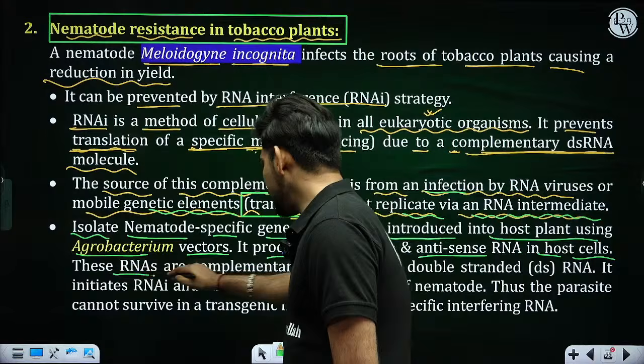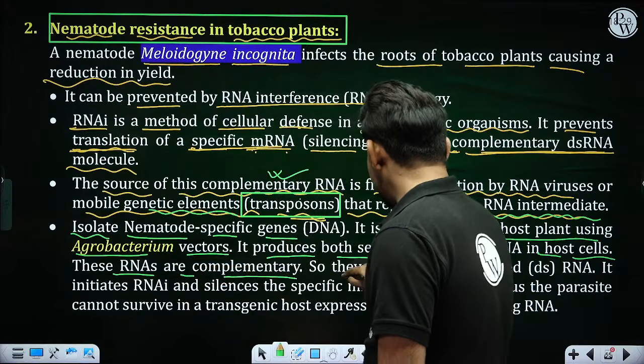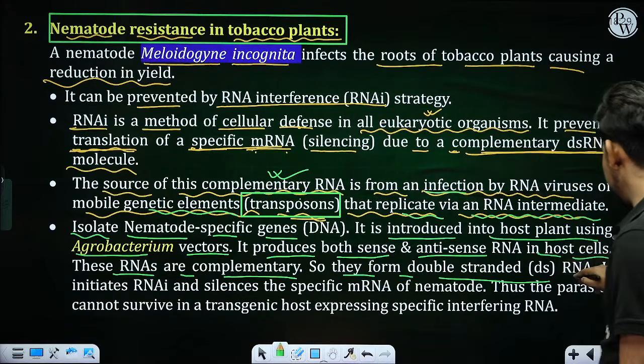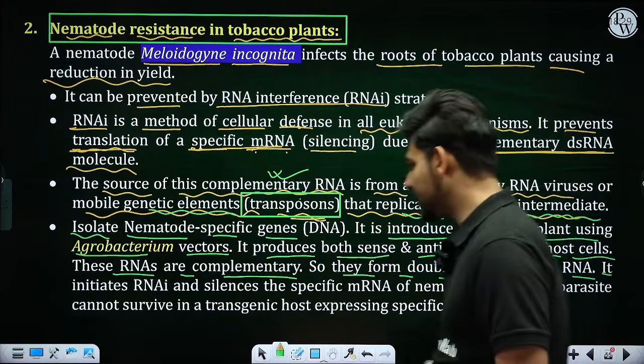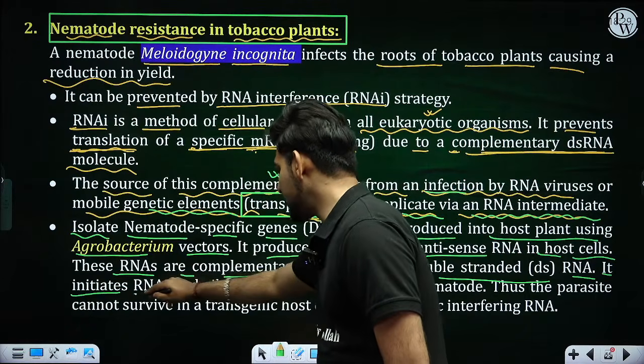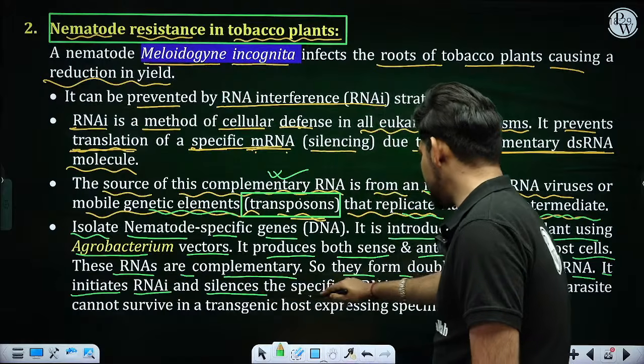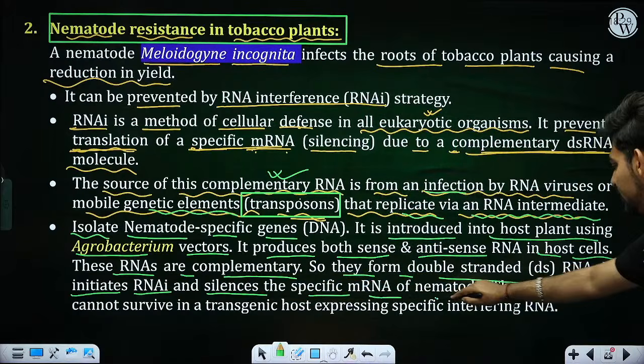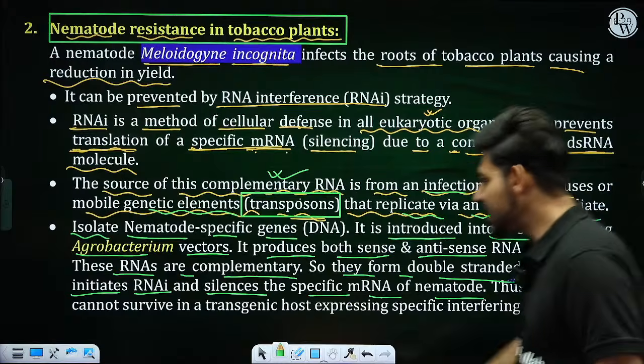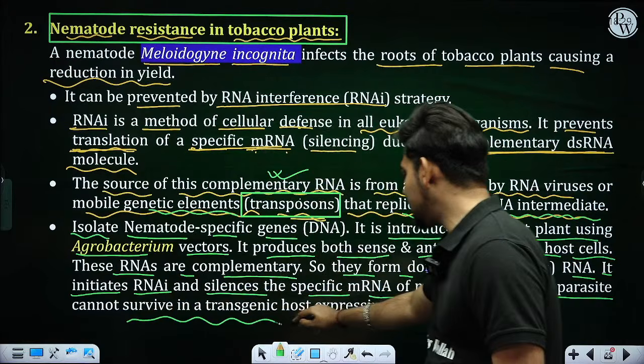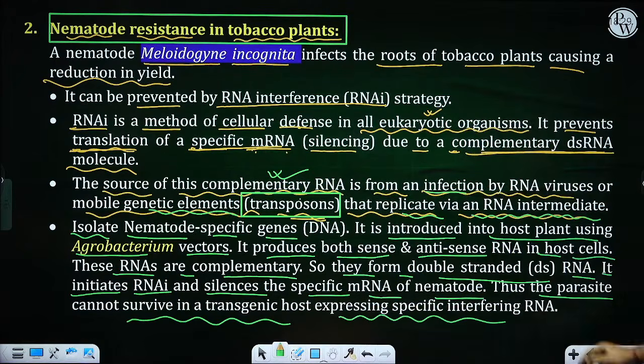Now the RNAs are complementary, so they form double-stranded RNA, and it initiates RNAi and silences the specific mRNA of the nematode. Thus, the parasite cannot survive in the transgenic host expressing specific interfering RNA.